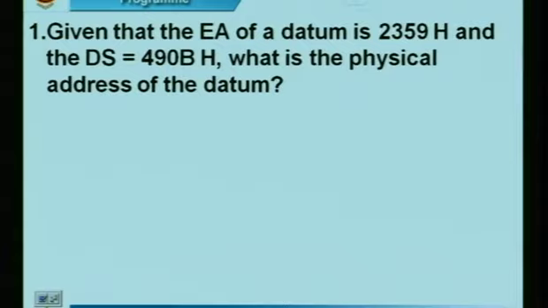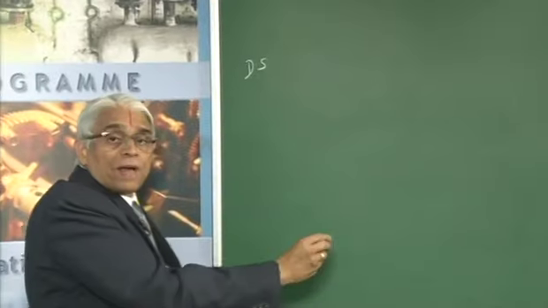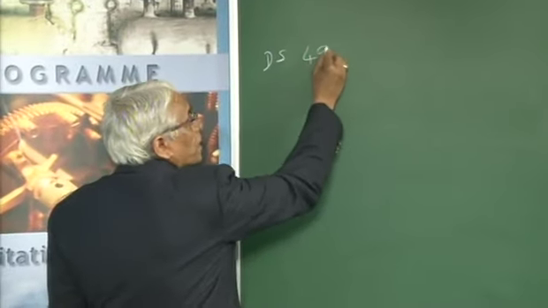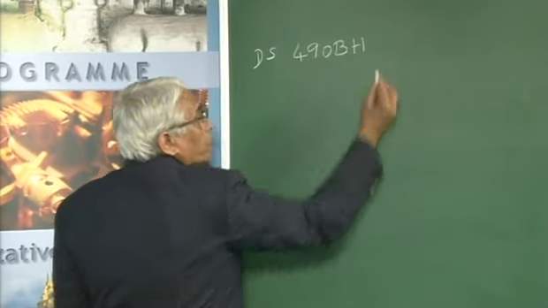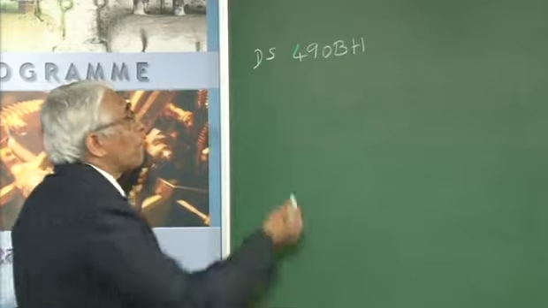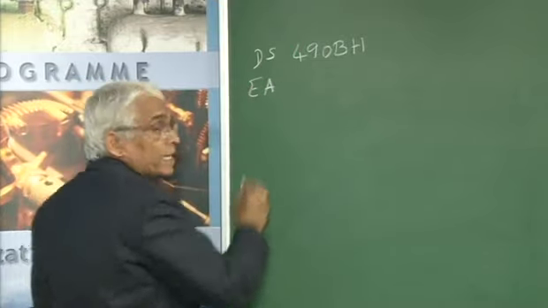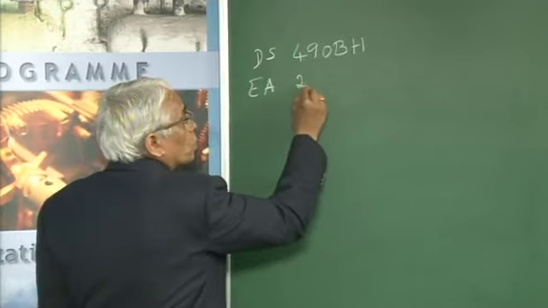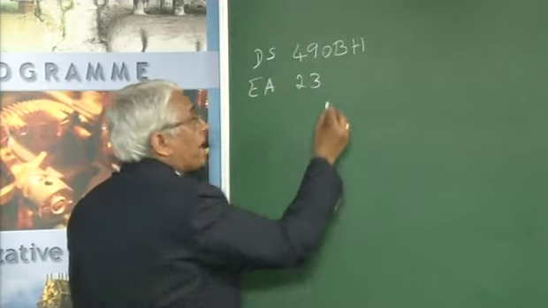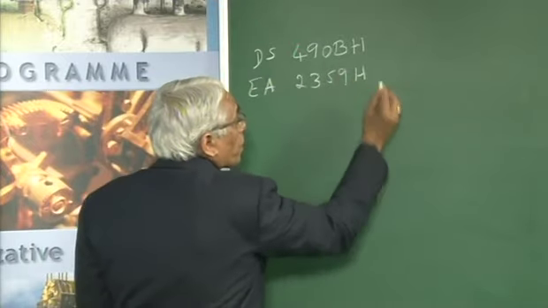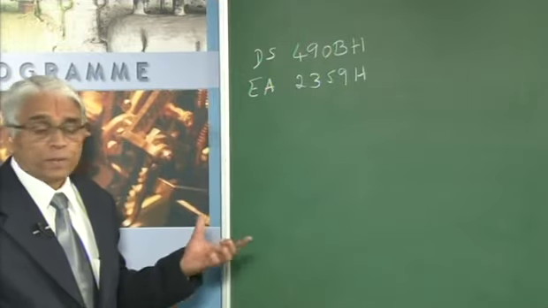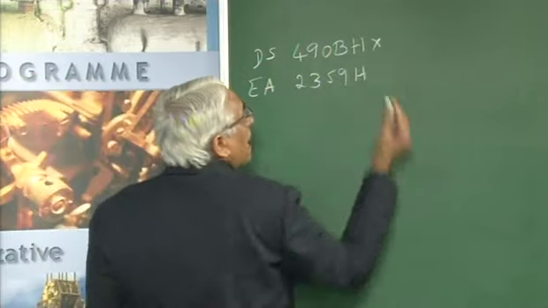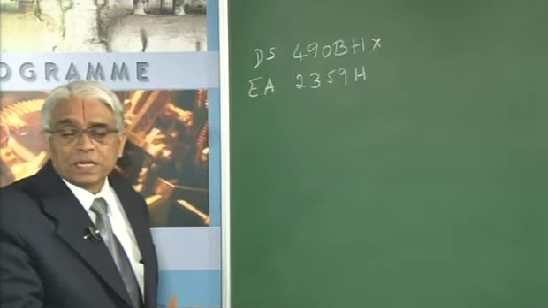So, we have the data segment value as 490B hexa, and the effective address equal to 2359 hexa. Now, when you add these two directly, we will not get a 20-bit address. So, the data segment has to be displaced by 4 bits.